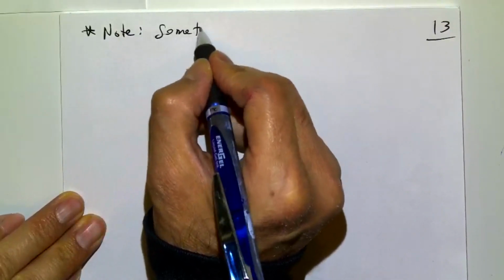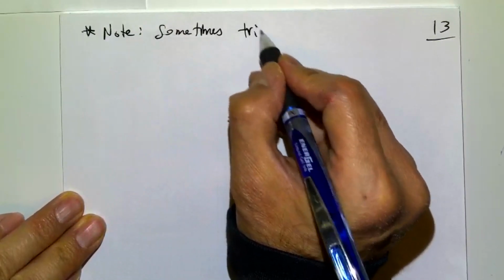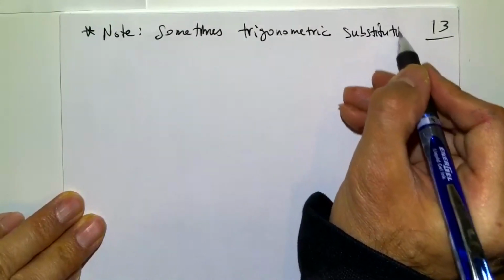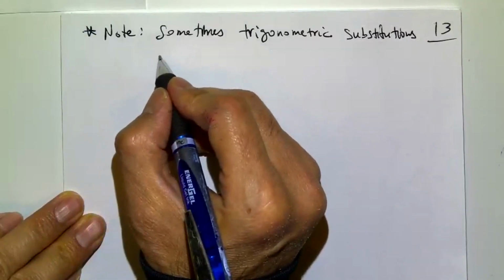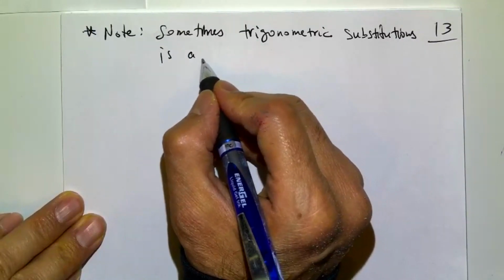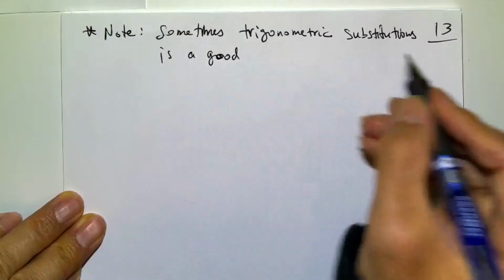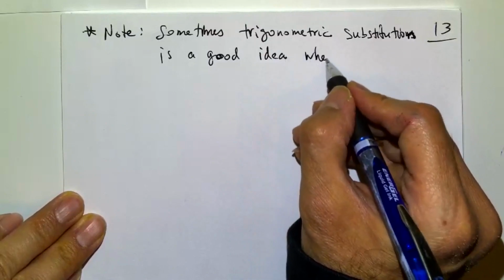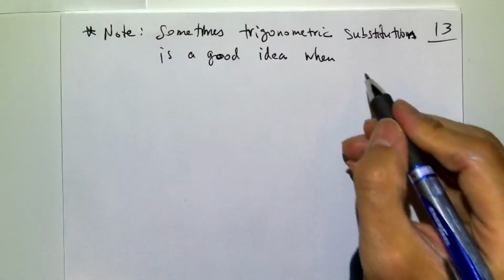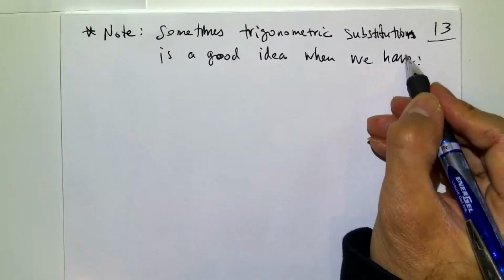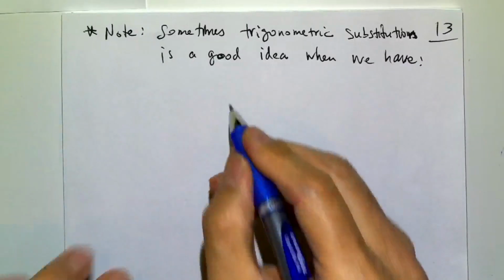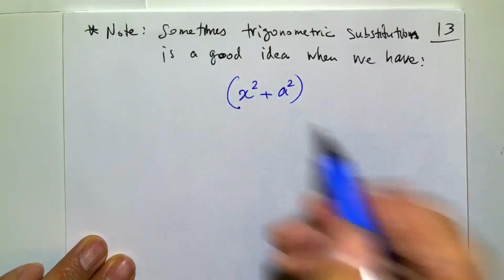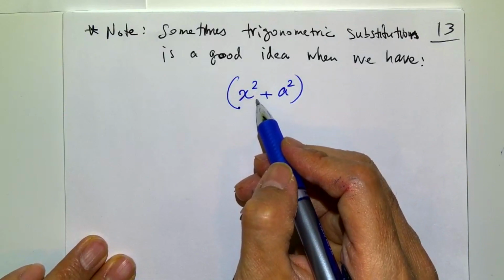So sometimes when we have terms like x squared plus a squared, that's when, in the cases that we looked at, we use x equals a tangent theta, right?